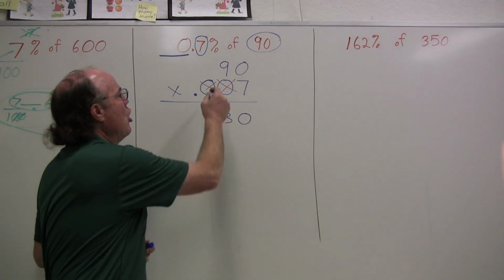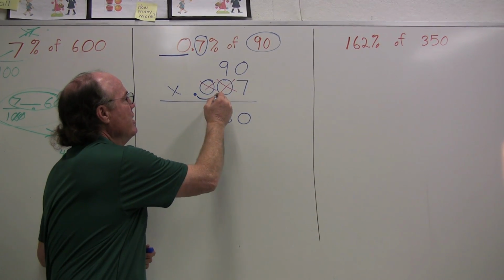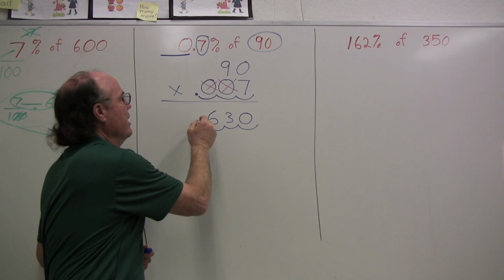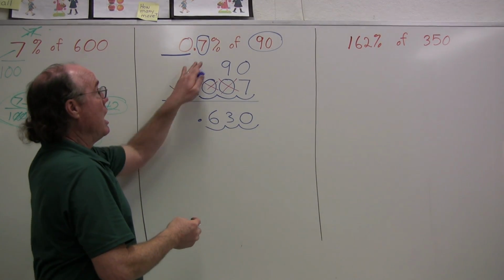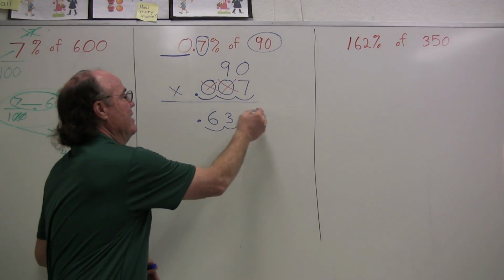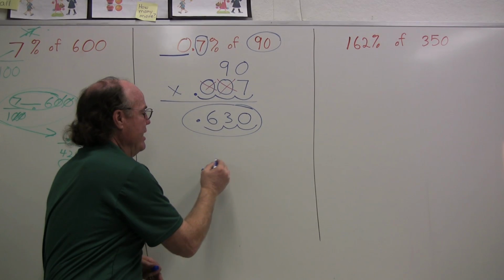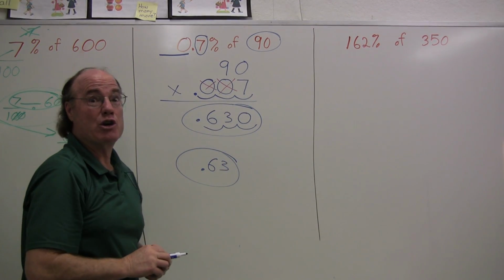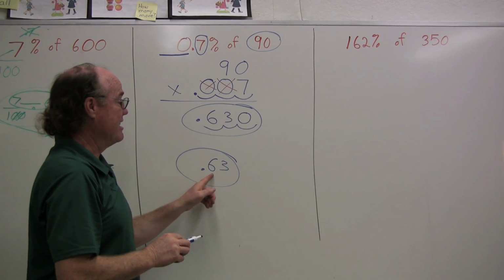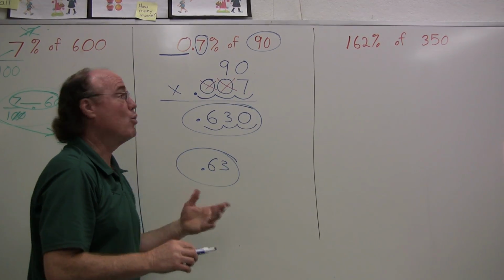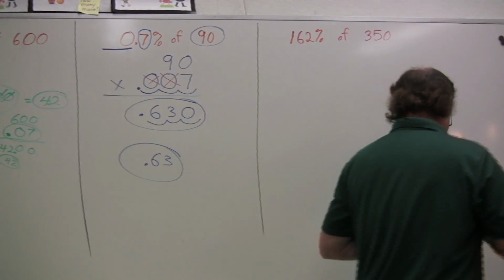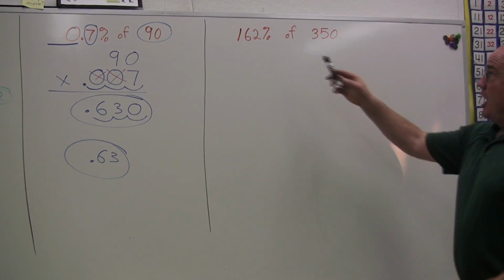And then you go back, watch this. 1, 2, 3. 1, 2, 3. So under 1% of 90 is 0.63. That means that is under 1. The answer to this is 63 hundredths, which is under 1, which makes sense. Yeah, right.